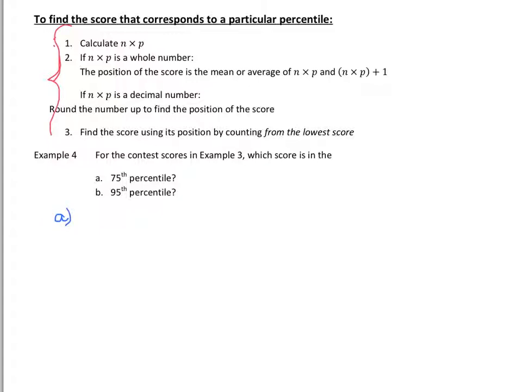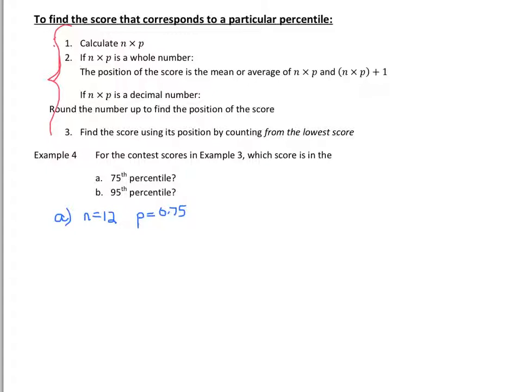So in step 1 it says calculate n times p. So in our example, we said n is 12. And since we're interested in the 75th percentile, in this case, our p-value is 0.75. So change your percent to a decimal.